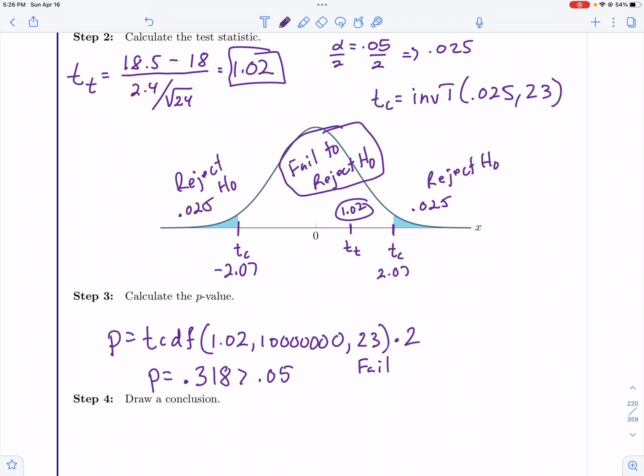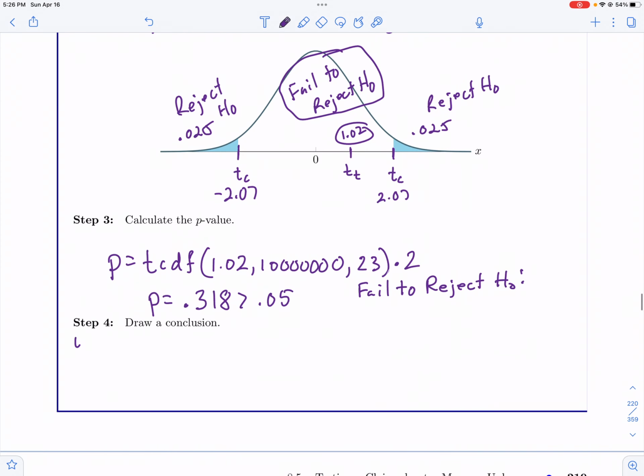So this also says fail to reject H naught. So both cases we've got fail to reject, so it looks like we are going to fail to reject. So finally, to draw our conclusion, we fail to reject H naught.